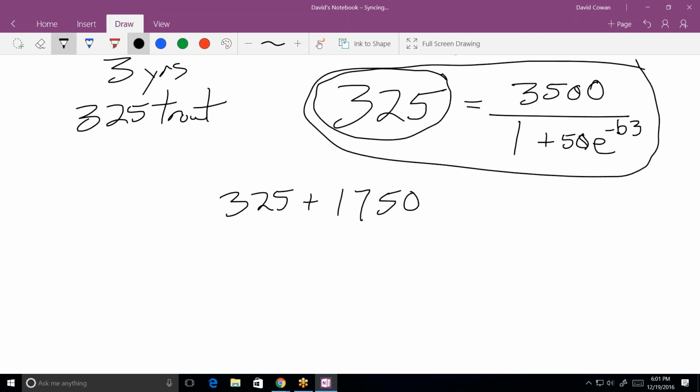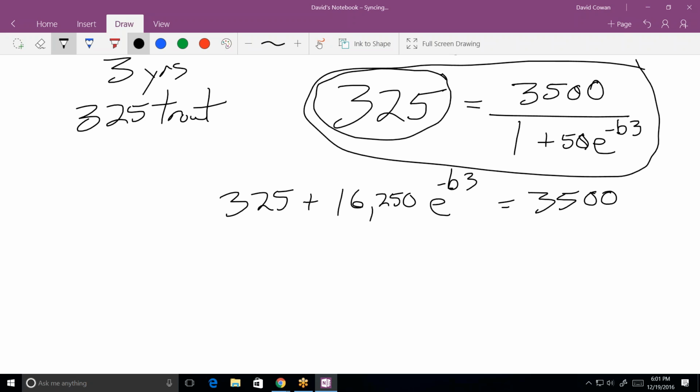I think it's 1750. 16,250. Makes more sense. And that's equal to 3,500, the number that's still left on the other side.